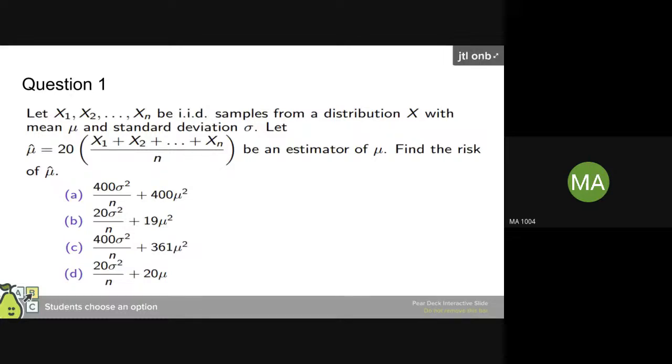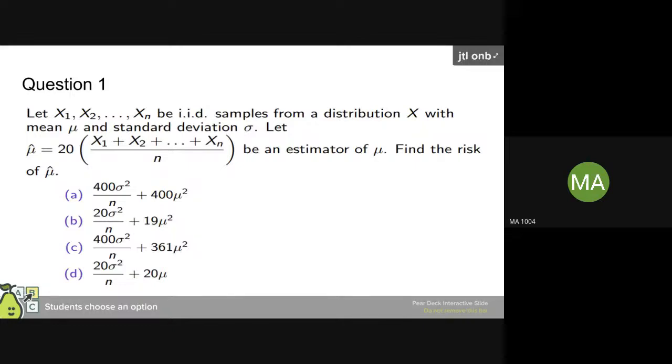We let mu hat, an estimator of mu, be equal to 20 times the sample mean. Why 20 times, even I don't know. We just wanted to design a problem. So we gave you 20 times the sample mean, which is x1 plus x2 up to xn divided by n, as an estimator of mu.